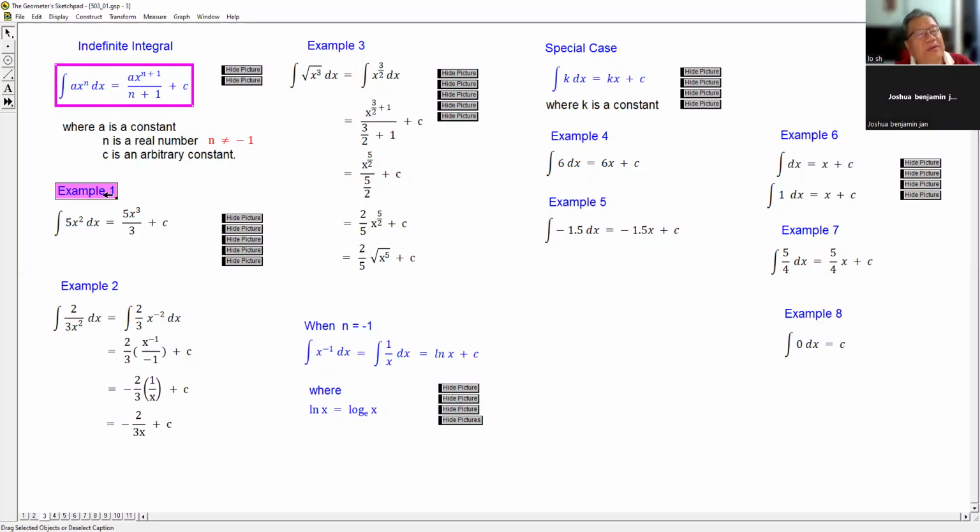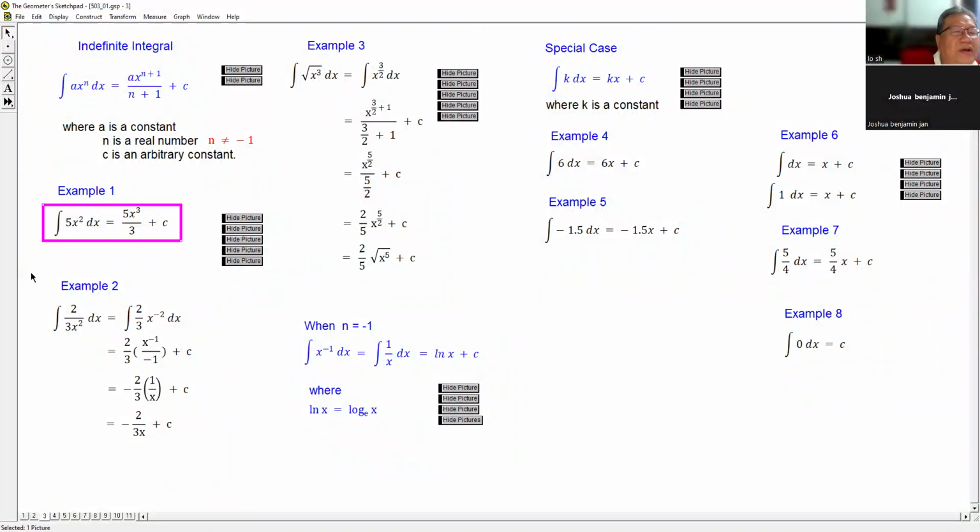So the first example is this one. Now we have 5x squared, integrate 5x squared with respect to x. With respect to x means we are going to do something to the x now. So before we do anything, the 5 here remains the same.